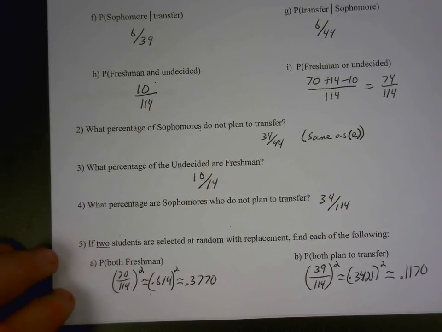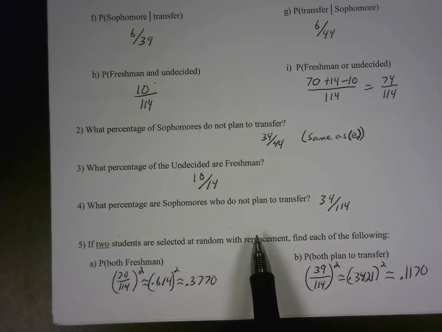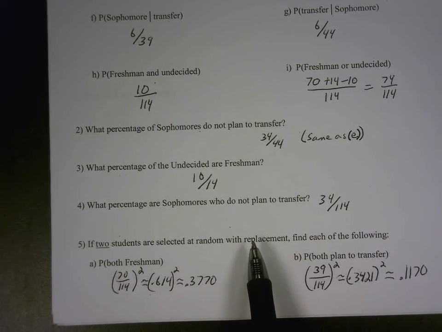Okay, and then going down to number 5, now this becomes a totally different question where you have to apply the probability rules. Now you're selecting 2 students with replacement. So it means once you choose the first student, you're going to put them back and choose the second student. So the probability doesn't change from one pick to the next. So they're independent events.